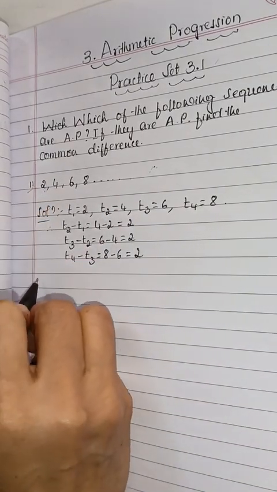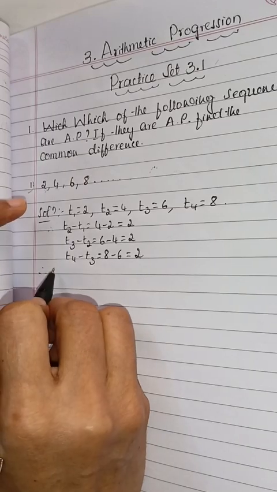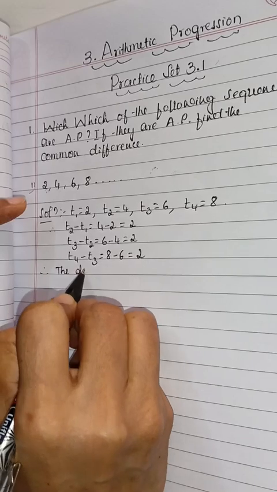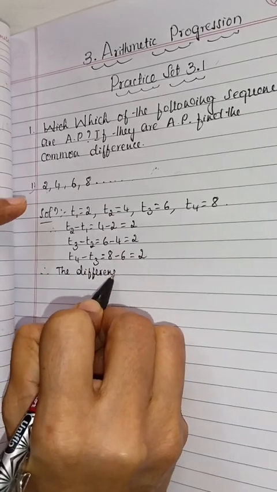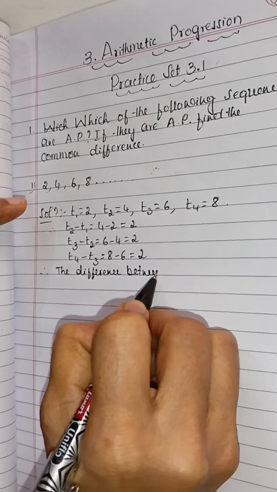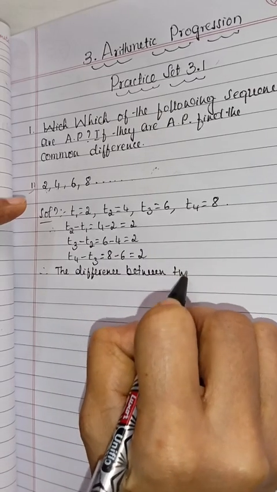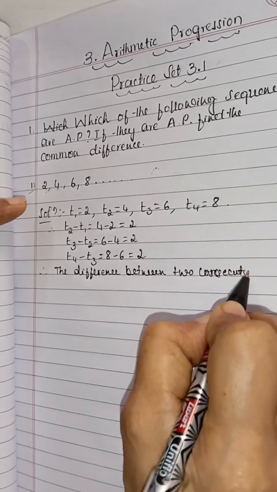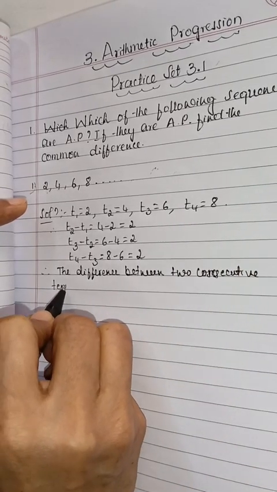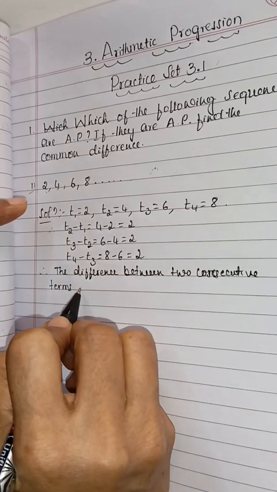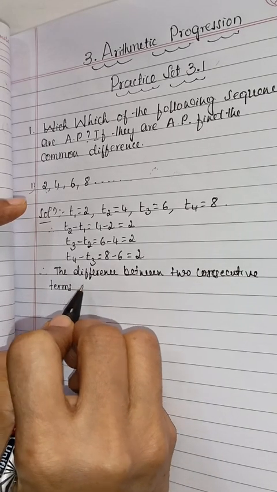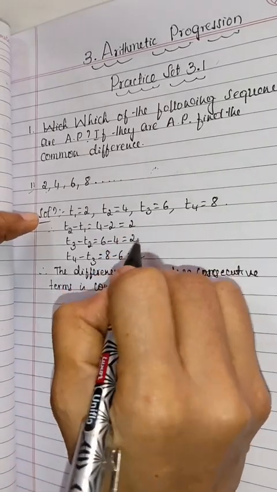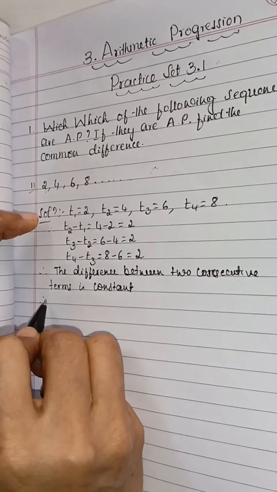Therefore we'll write here: the difference between two consecutive terms is constant. 2 remains constant.